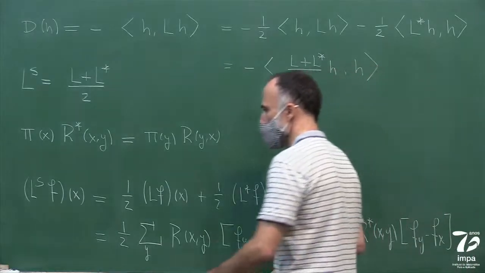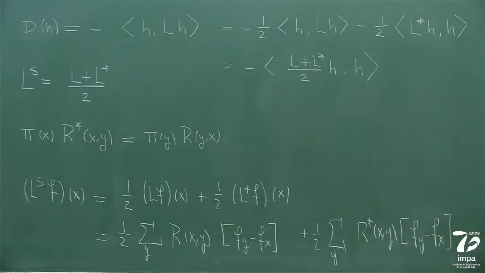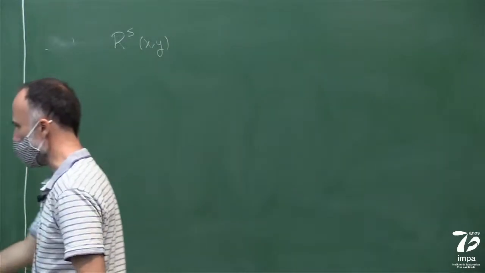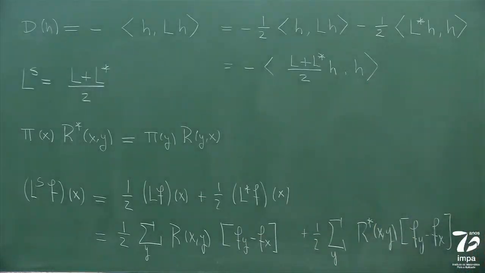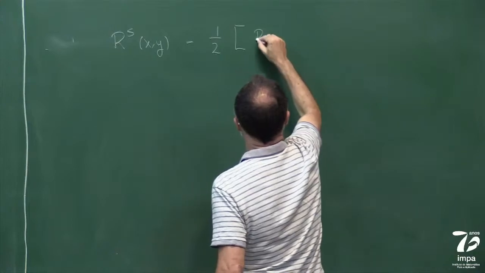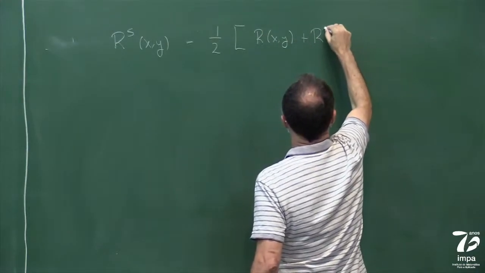Now you see that if I represent by Rsxy what appeared here, this is 1/2 of Rxy plus R star xy.